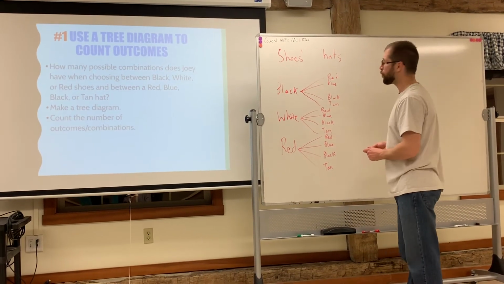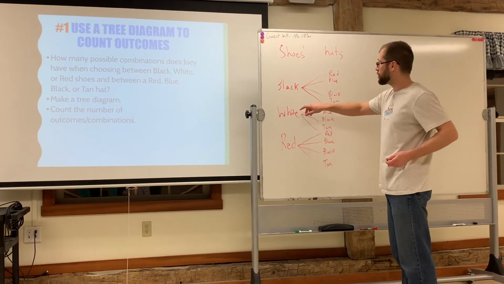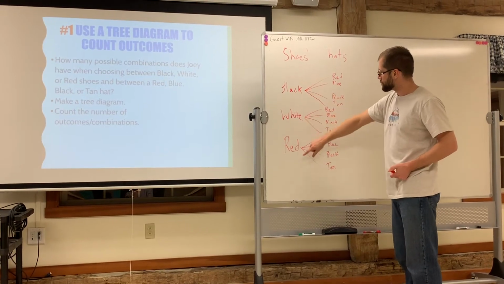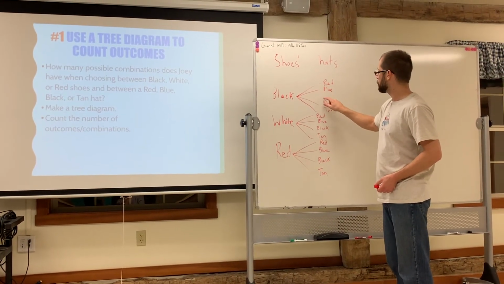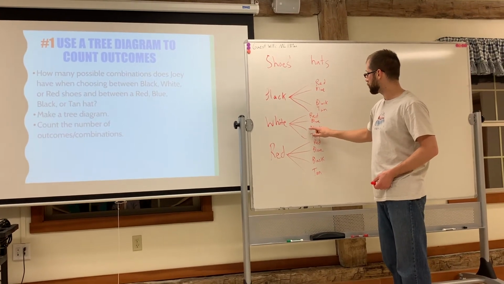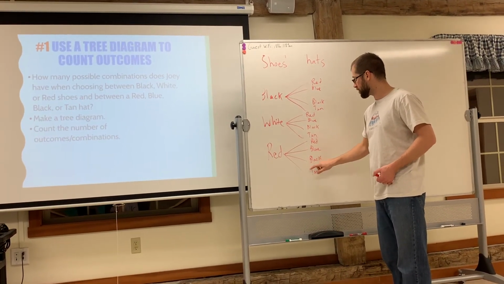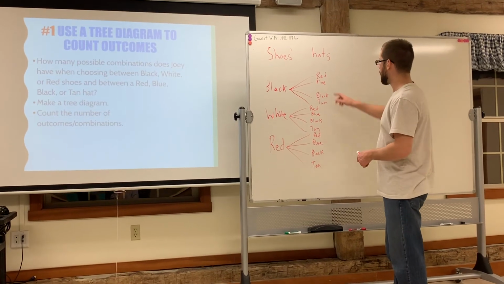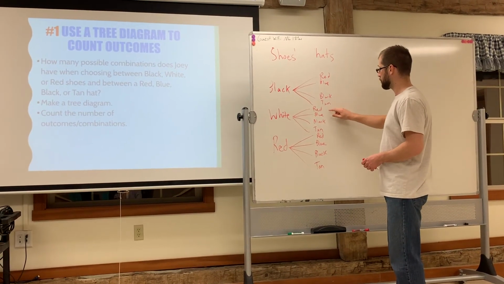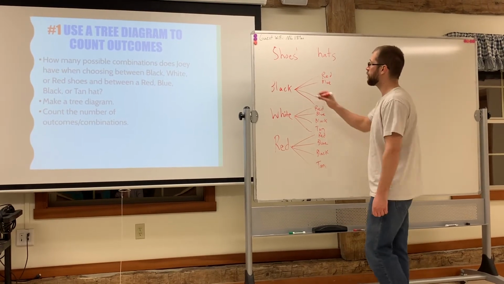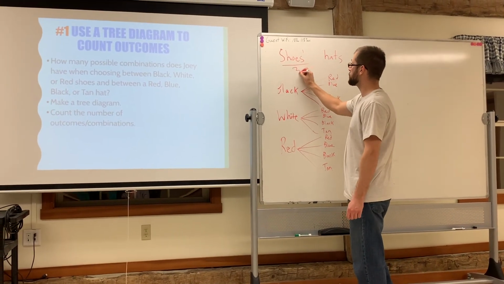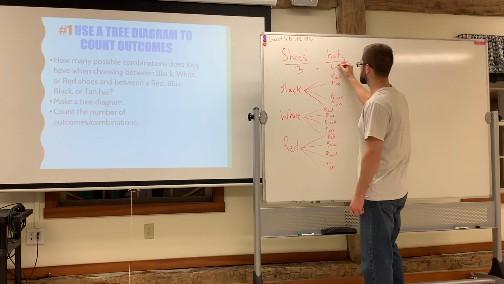So really, what the tree diagram does is I have 3 options and I break those into 1, 2, 3, 4, 1, 2, 3, 4, 1, 2, 3, 4. So I have 1, 2, 3, 4, 5, 6, 7, 8, 9, 10, 11, 12 options. What if I simply said there's 3 shoe choices times 4 hats?